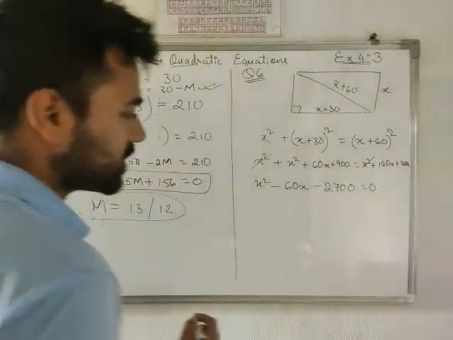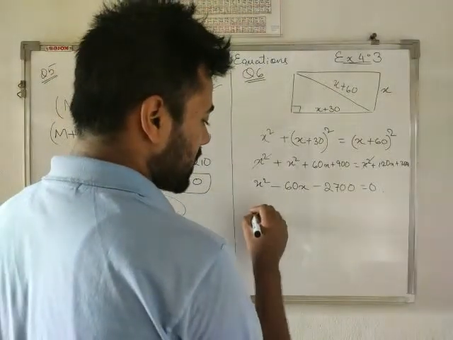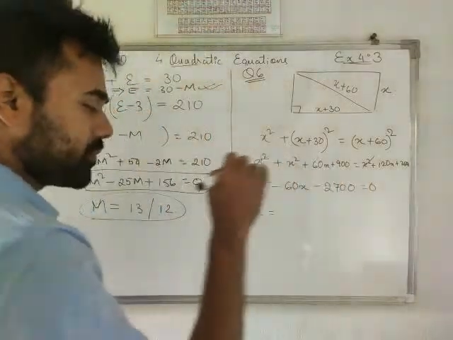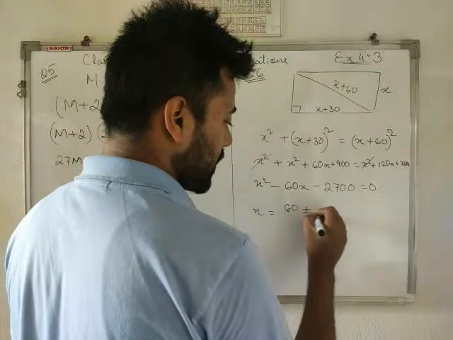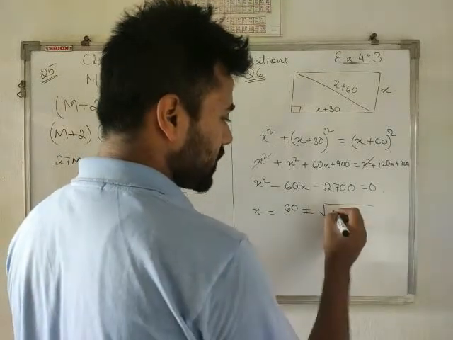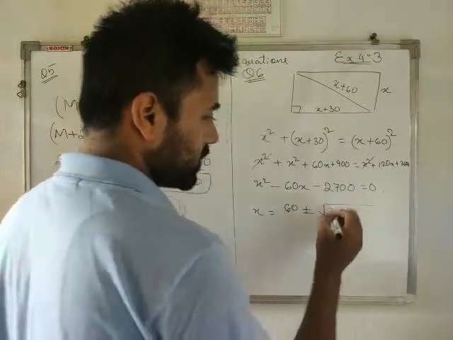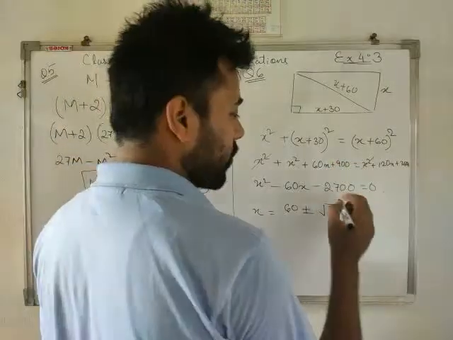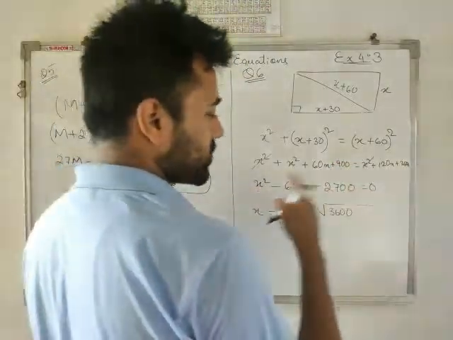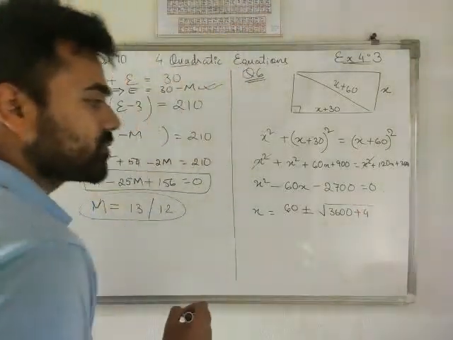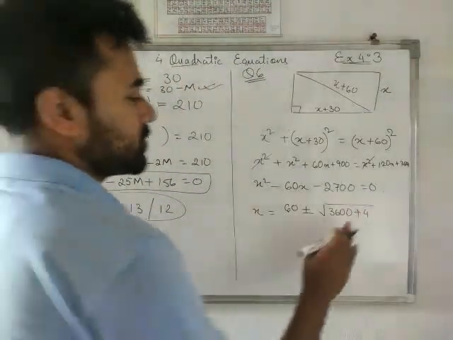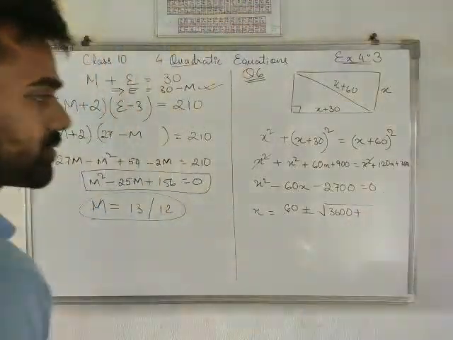And here, what will be the answer? When I just directly put it in the quadratic formula, that will be 60 plus minus root over 60 squared minus 4ac, minus 4 into... a is 1, c is minus 2700, so this will be plus 4 into 27.